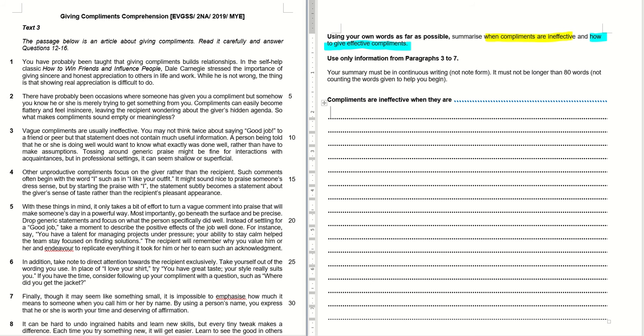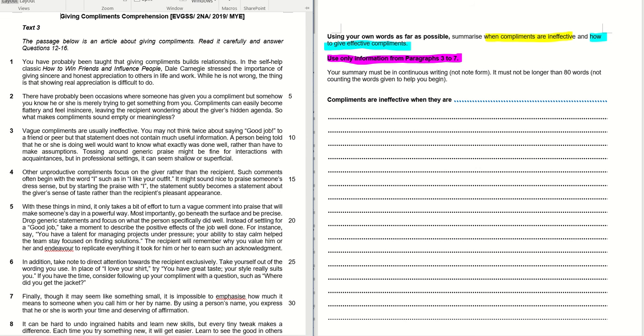So what is another piece of information here? It is use only information from paragraphs 3 to 7. So in other words, where are you going to use the information?